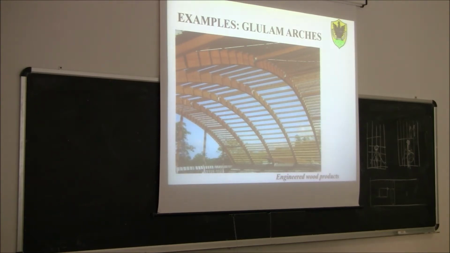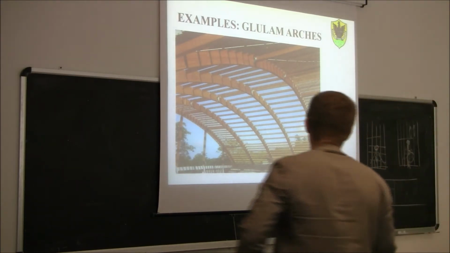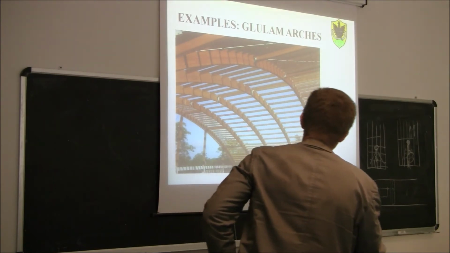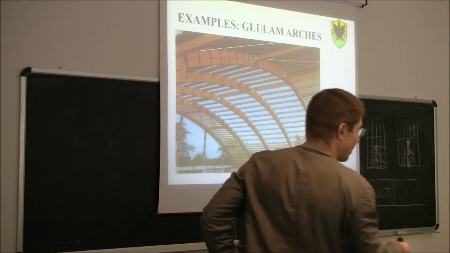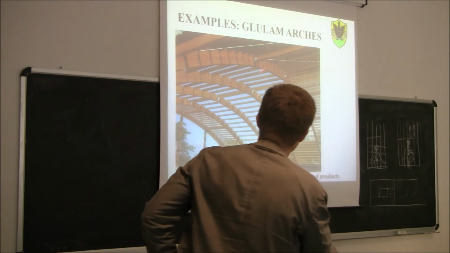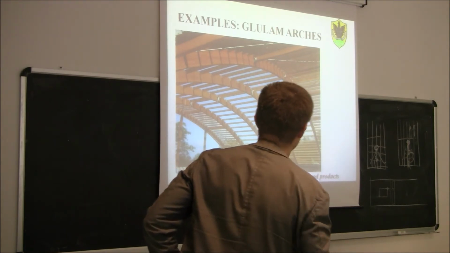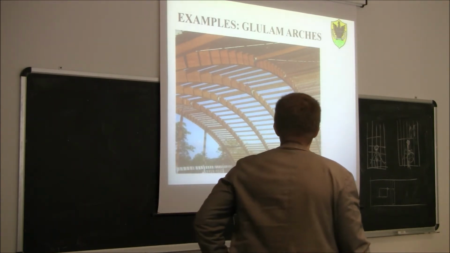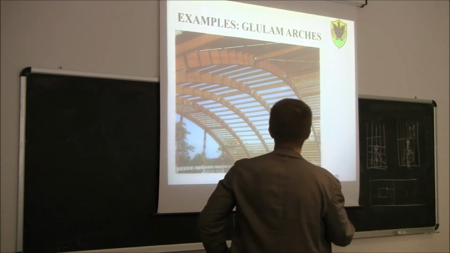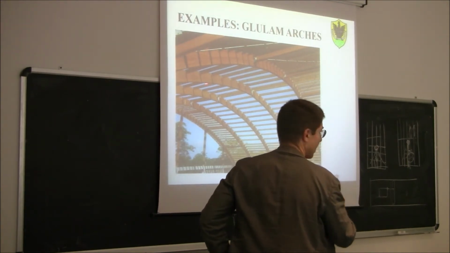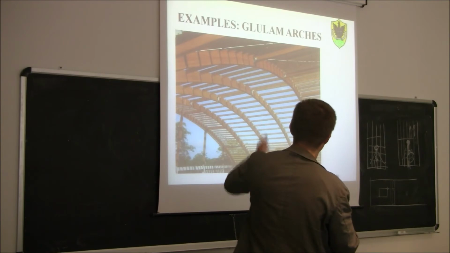The hinges are physical hinges made of steel, basically a bigger dowel. The shape of the arch you see is not constant, so if you look, the depth is not constant. We have a larger depth here, more or less in between. So these are the main resisting structure in the transversal direction.